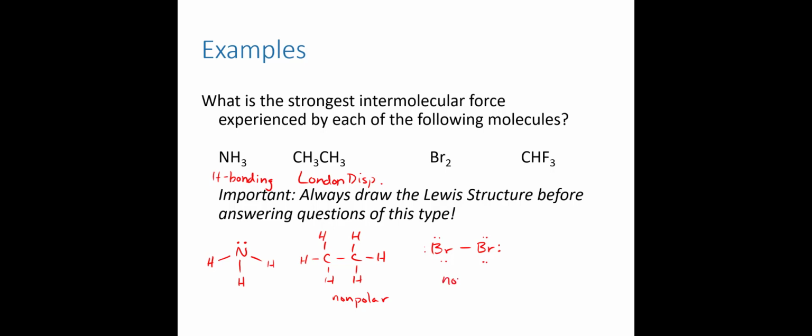And if it's non-polar, the only force we would expect to see are London dispersion forces. Now it's interesting, though, that this molecule, bromine, is a liquid at room temperature, and ethane over here is a gas at room temperature.